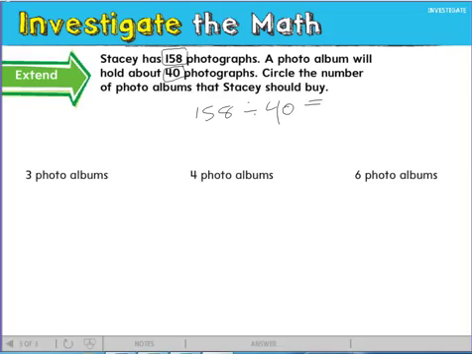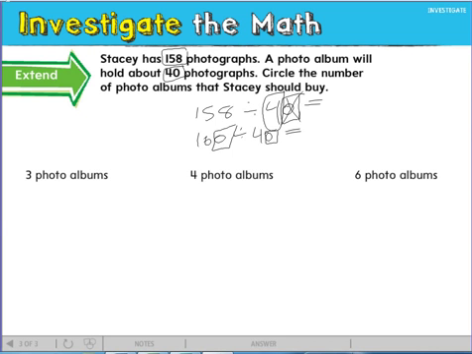So I have a 0 here, which means I probably want something with a 0 over here so I can do this, right? So what's close that's going to be easy for me to work with? 140? No. 160. So 160 divided by 40 equals, well, I have 1 0 here, right?